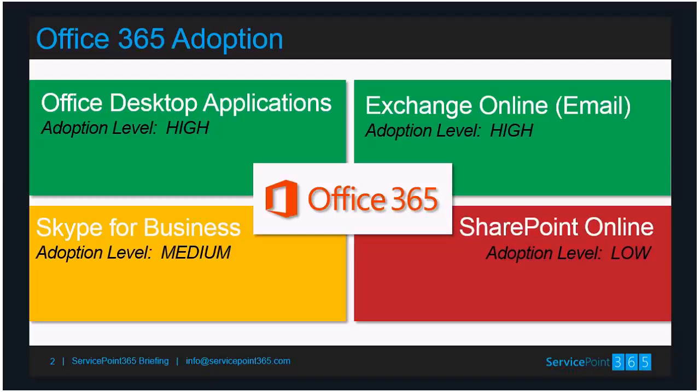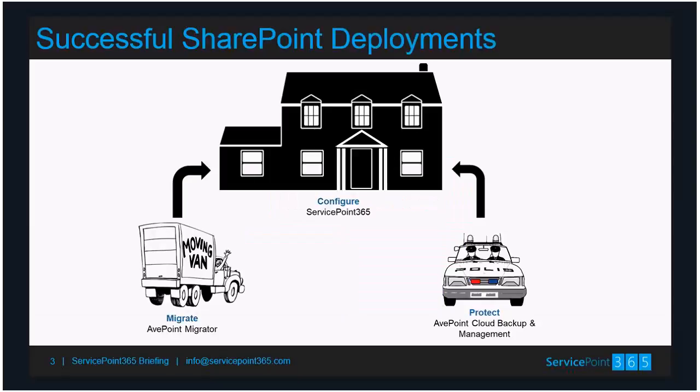If you think about what it really takes to have a successful SharePoint deployment, it's really a couple key ingredients, and we're going to cover all of these aspects today. Starting with the top of the screen, I like to use this image to really drive home what the key ingredients are.